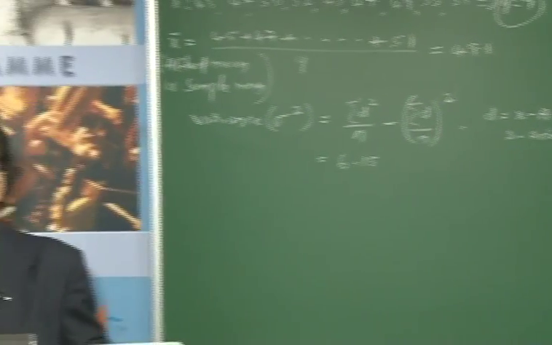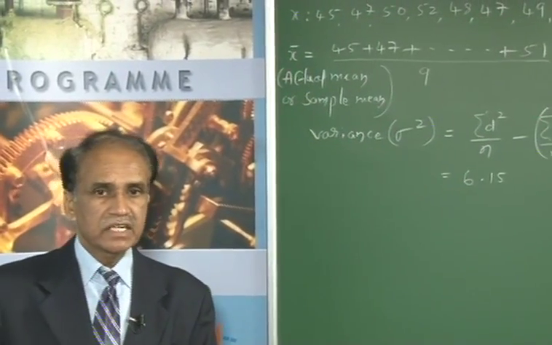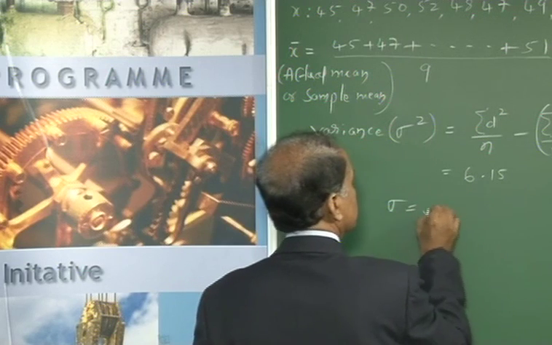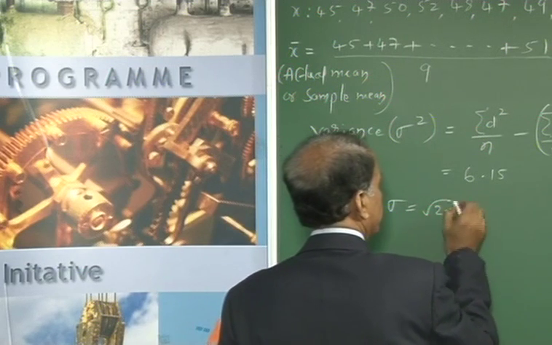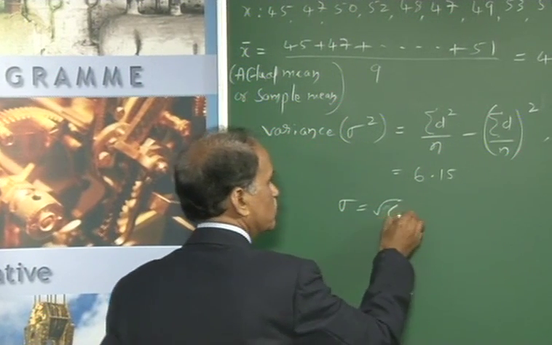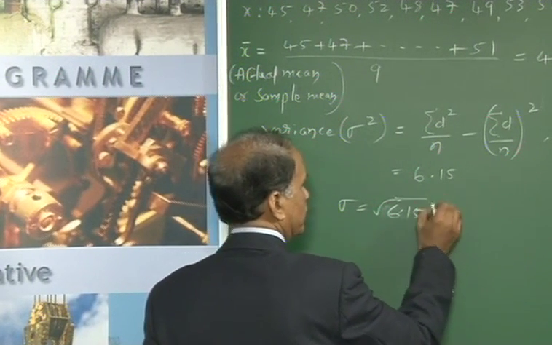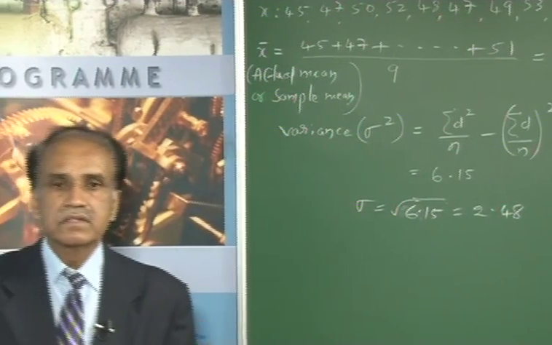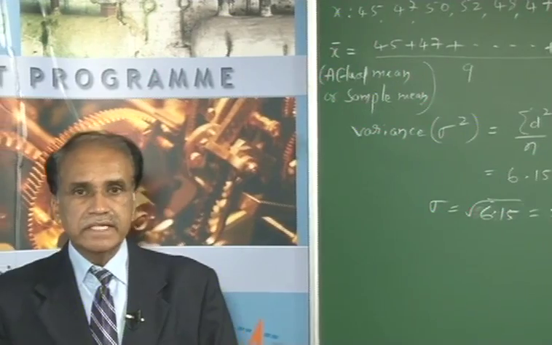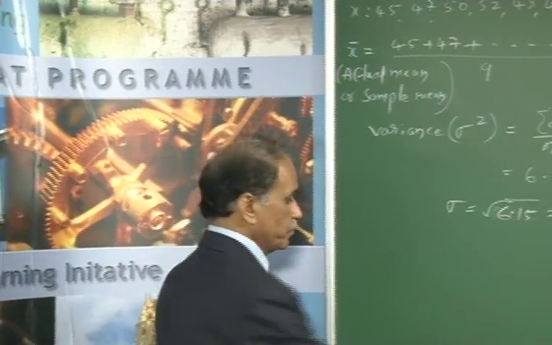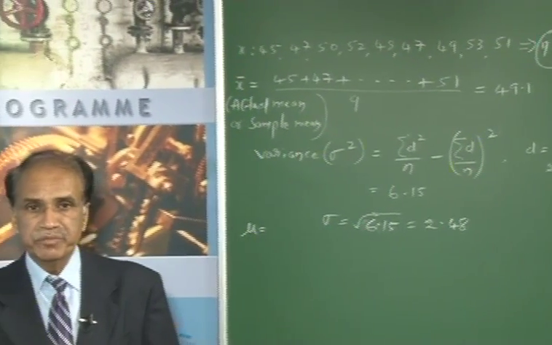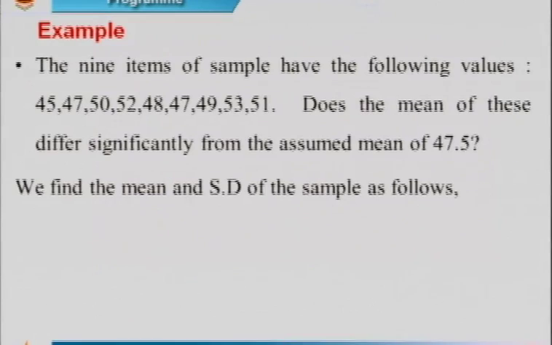Now that is variance we calculated, and standard deviation is 2.48, that is sigma is equal to root of 6.15, then it is 2.48. Then we take mu, the given population mean in the statement of the problem, that is 47.5.